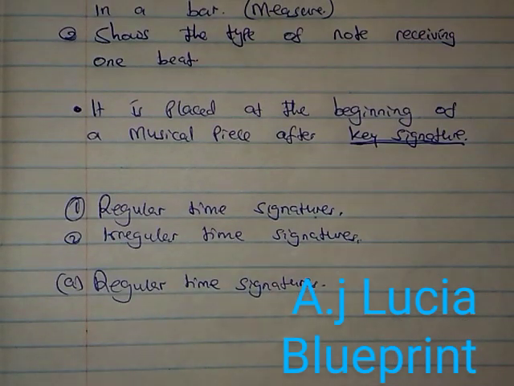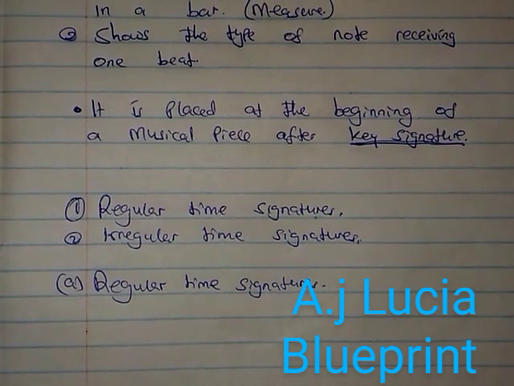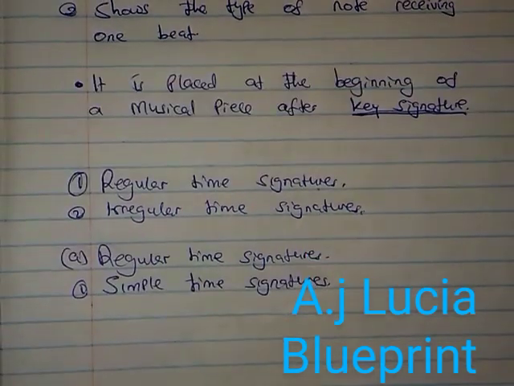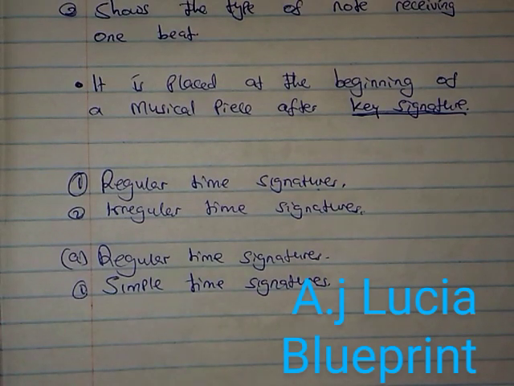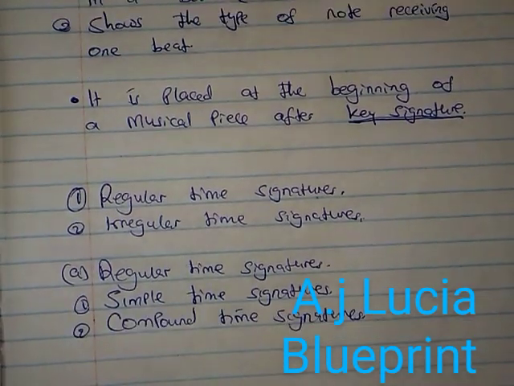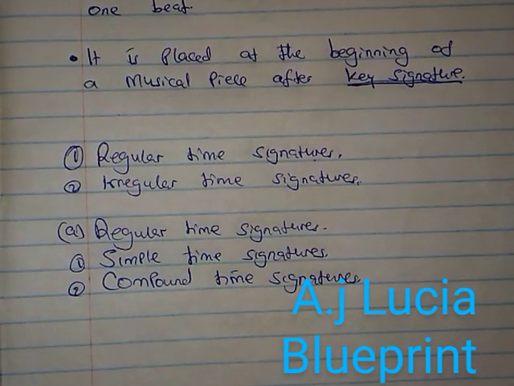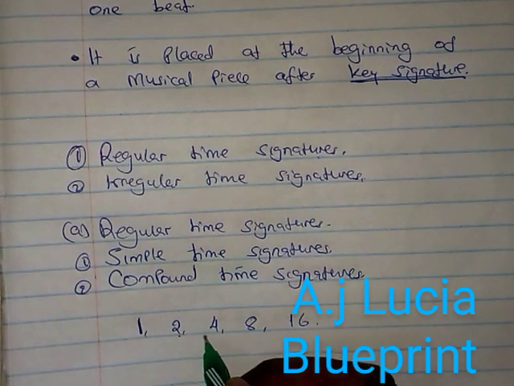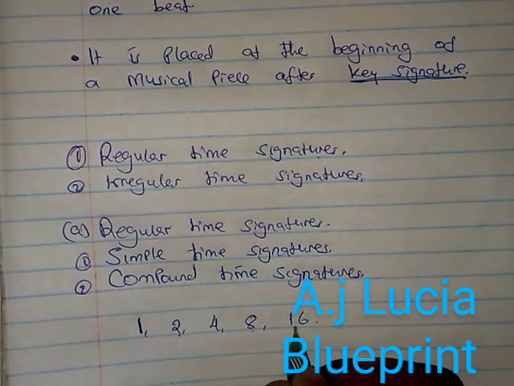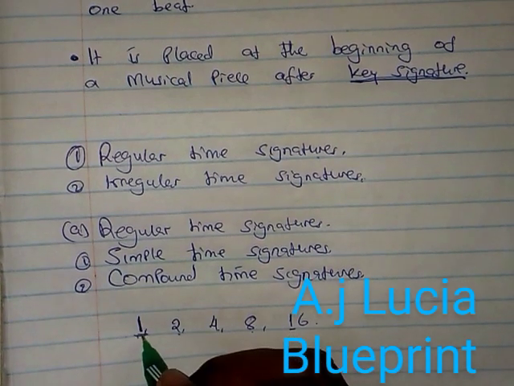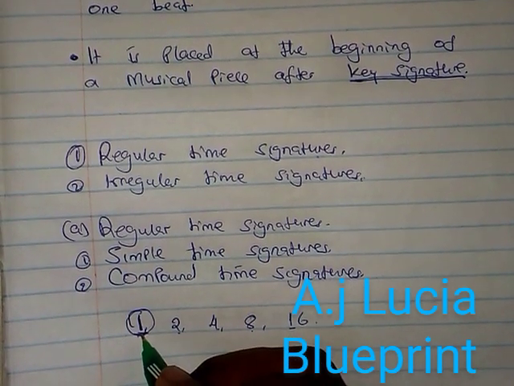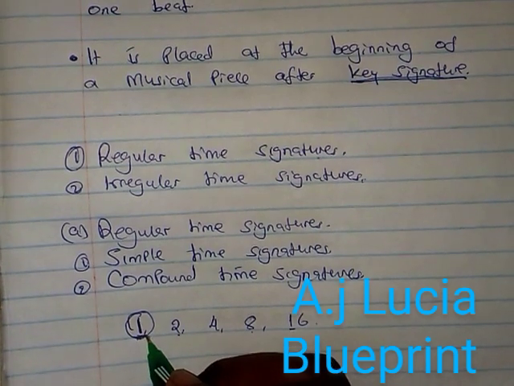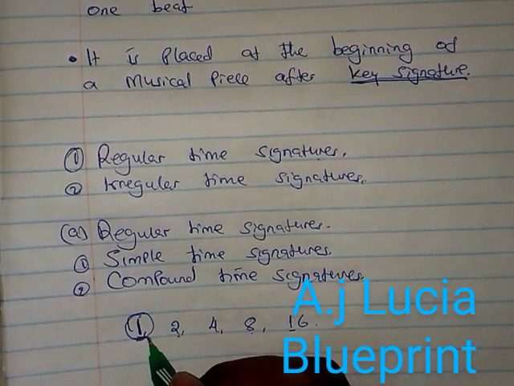Regular time signatures have two divisions: division number 1, simple time signatures, and division 2, compound time signatures. In any signature, the bottom number or denominator can either be 1, 2, 4, 8, or 16. 1, which represents the whole note, is not commonly used as a denominator.